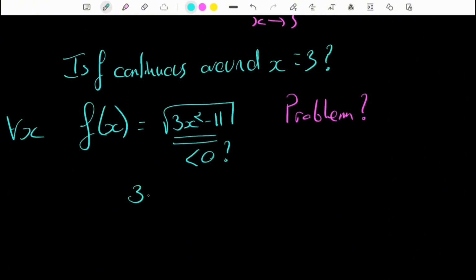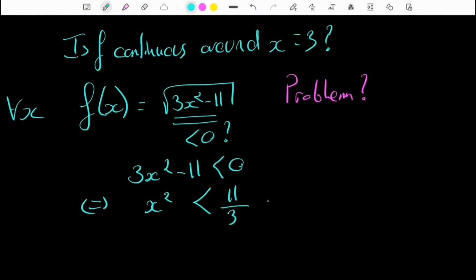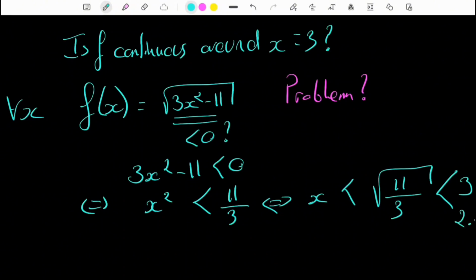So let's solve 3x squared minus 11 strictly negative, equivalent to x squared under 11 thirds, equivalent to x under square root of 11 thirds, and that's strictly less than 3 and even 2.5.